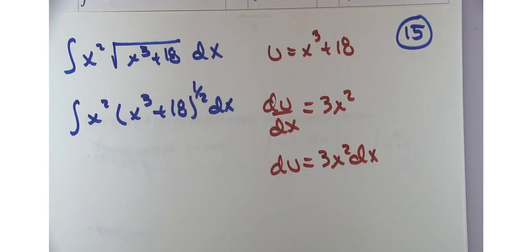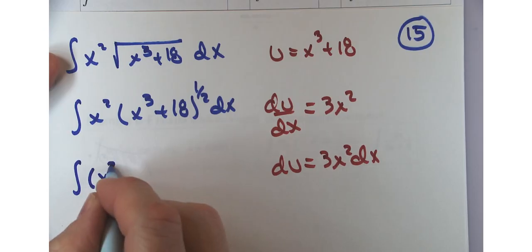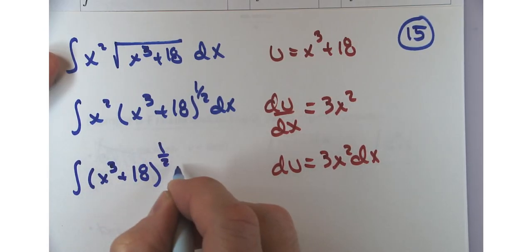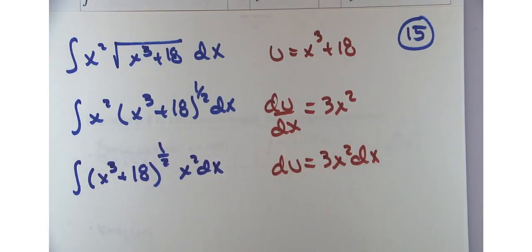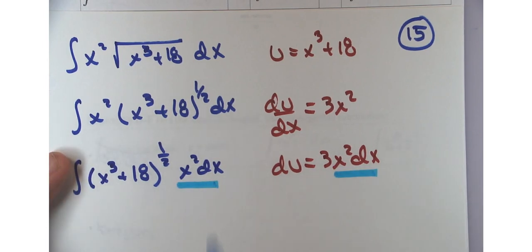Well, that's looking interesting. Let me rearrange my function here a little bit. And I'm going to write it as (x cubed plus 18) to the 1/2 power times x squared dx. If you notice, there's a little similarity between this and this, right?